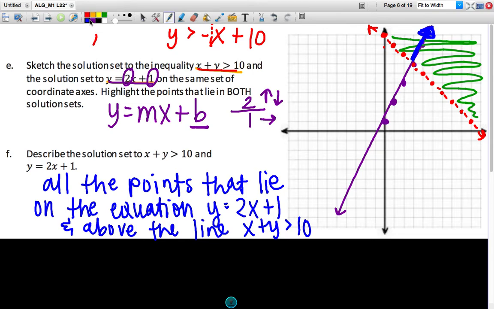So again, this is a system, which means that we have to find solution sets that are true for both, not just one of them.